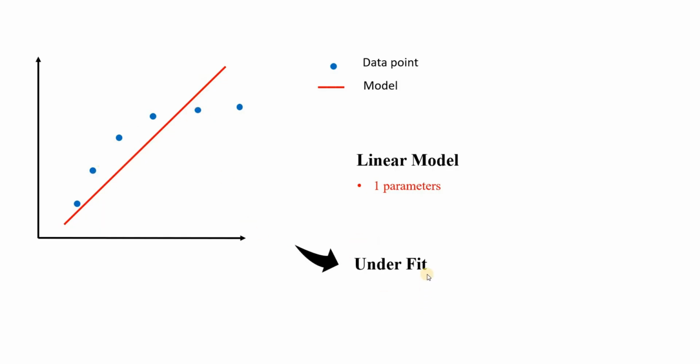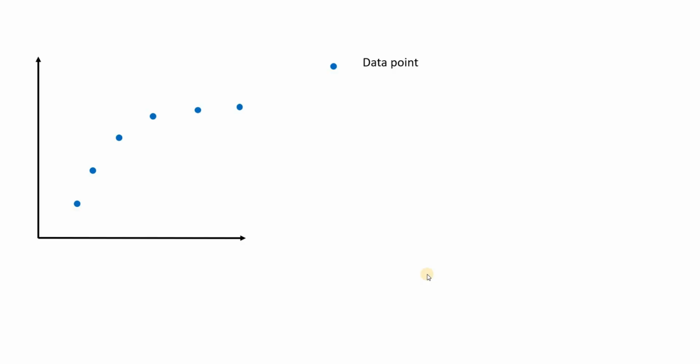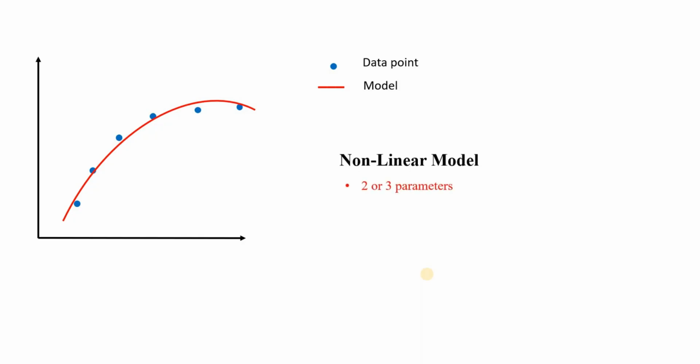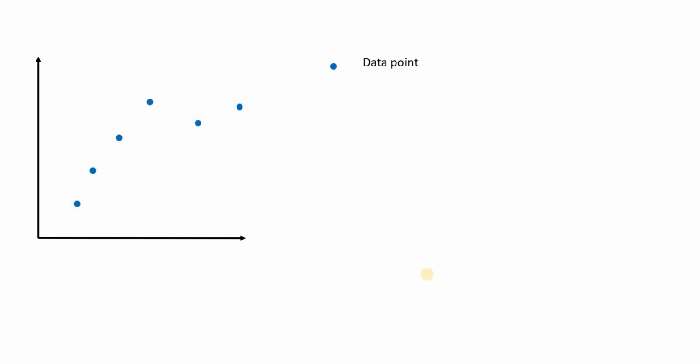This will lead to underfit. At the same time, if we use a non-linear model where the parameters can be 2 or 3, it will give a good fit to our data points. This particular kind of model will give a good fit.